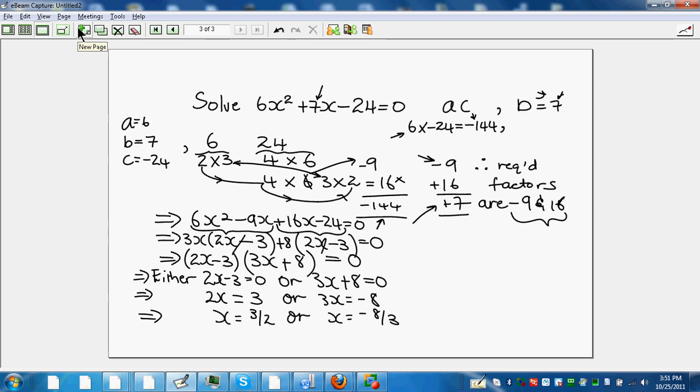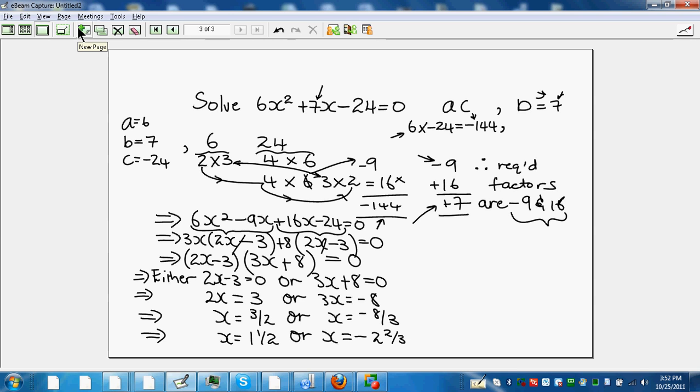And if we were to bring it to a mixed number, it would imply that x is equal to 1 and a half. So if you use fractions, you get 1 and a half, or if you use decimals, it would be 1.5. Or x would be equal to negative, 3 twos are 6, remainder 2 to make 8, negative 2 and 2/3.